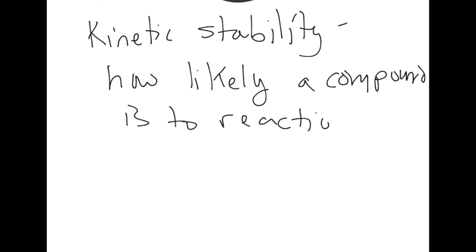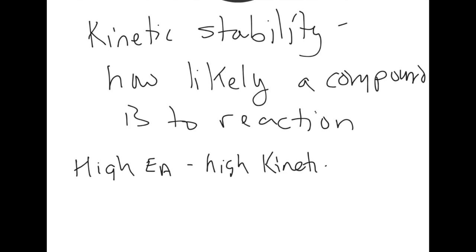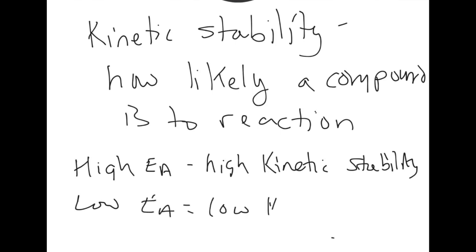And this is how likely a compound is to react. Right? This, you're looking at the activation energy for the next step of that compound. So high activation energy equals high kinetic stability. Low activation energy equals low kinetic stability.